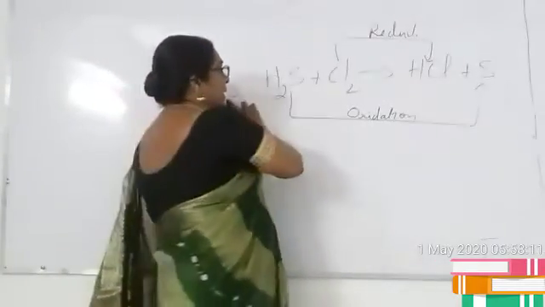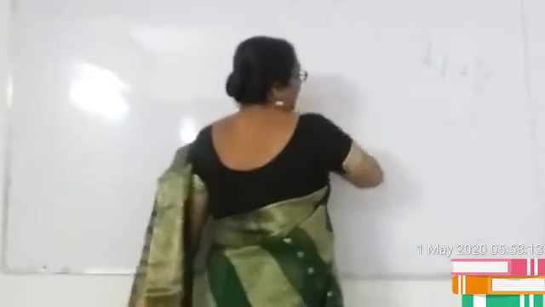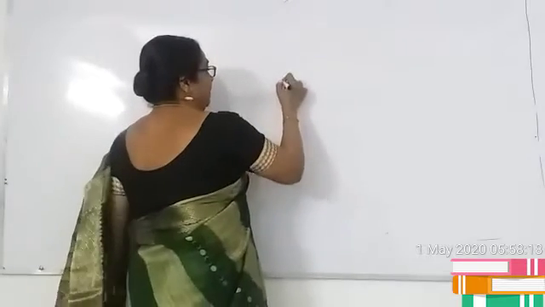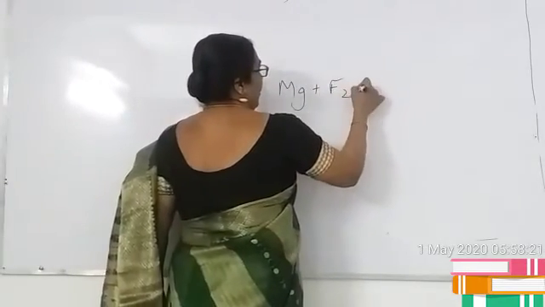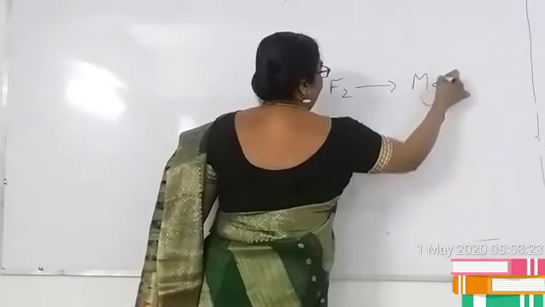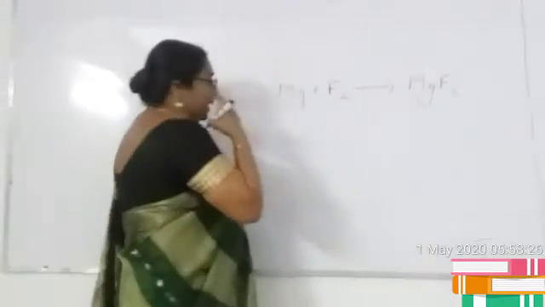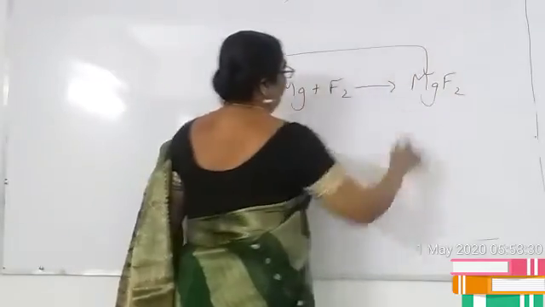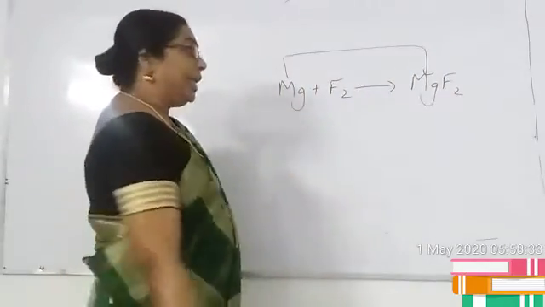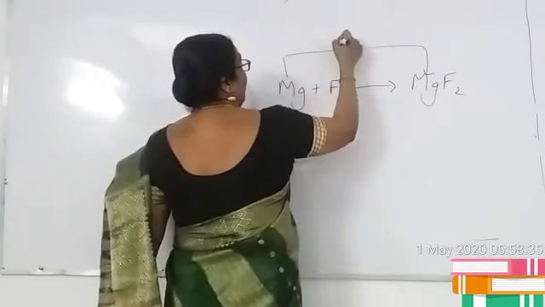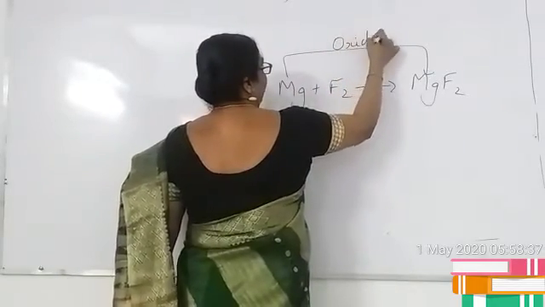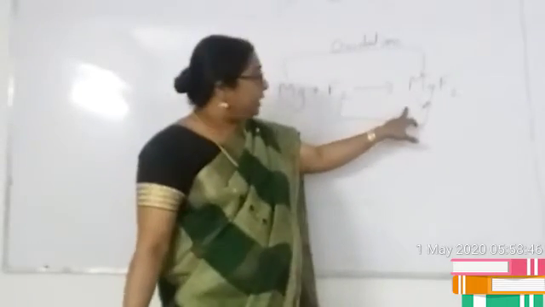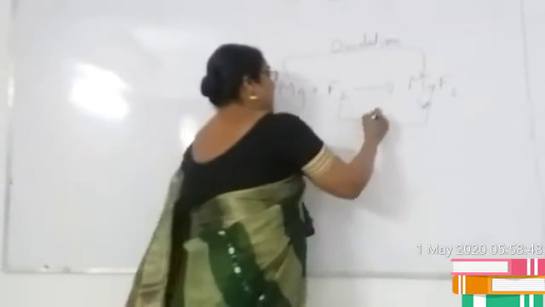Is it clear? Let us consider one more example so that the term becomes very clear. Magnesium combines with fluorine and produces magnesium fluoride. In this case magnesium converts to magnesium fluoride, that is addition of electronegative radical, so it is oxidation. And fluorine combining with magnesium involves addition of electropositive radical, so that is reduction.